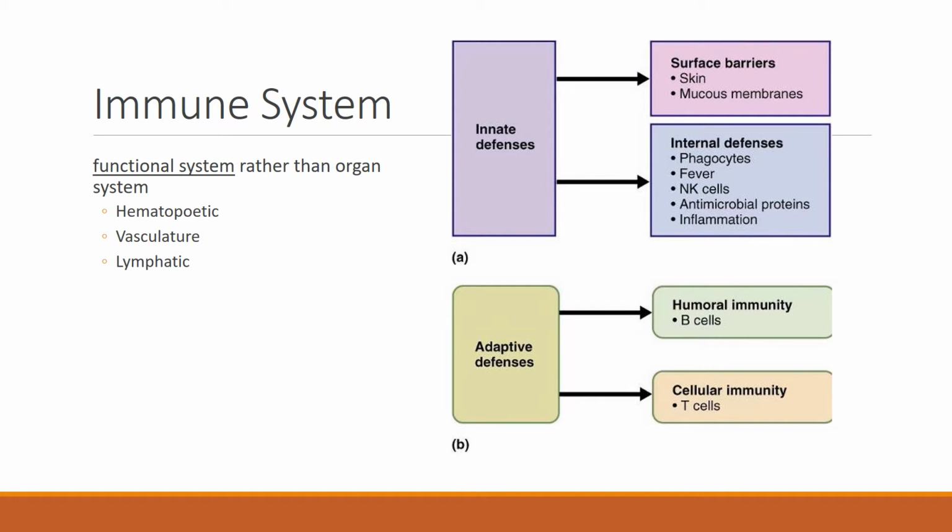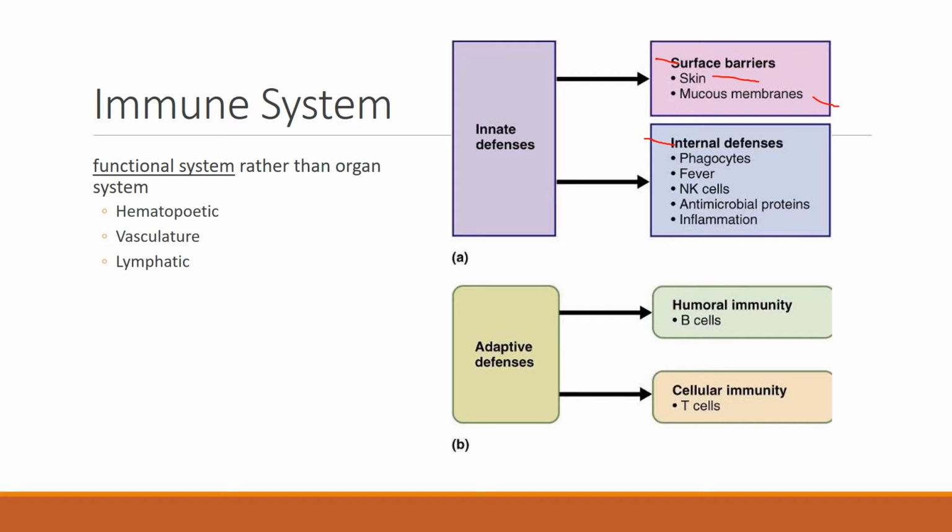These are defenses that include surface barriers and internal defenses. Among surface barriers, the biggest one is our skin, but we also have mucous membranes that secrete mucus and aid in getting rid of foreign objects within the body.